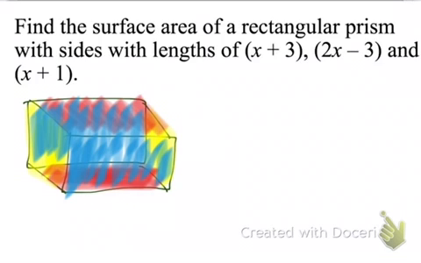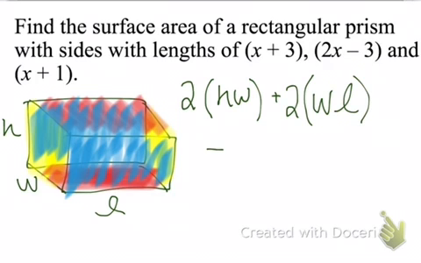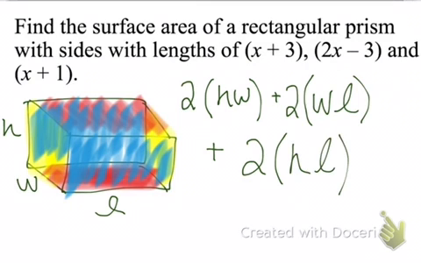really, you just need to remember there is always a height, a width, and a length. I need to get a better stylus. And we're going to have 2 of the height times the width, plus 2 width times length, plus another 2 height times length.